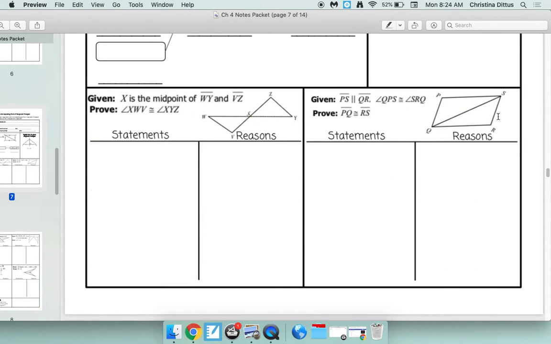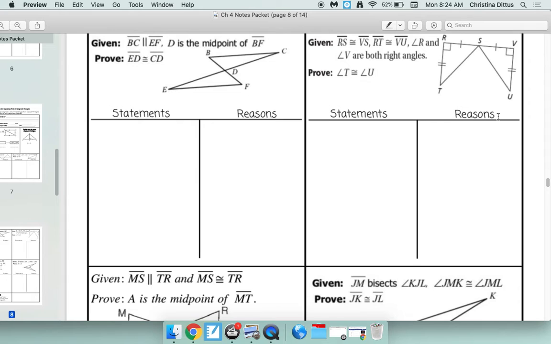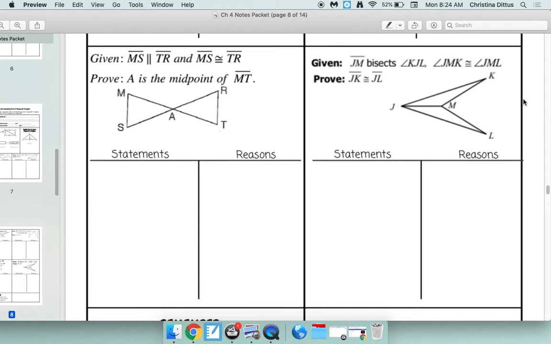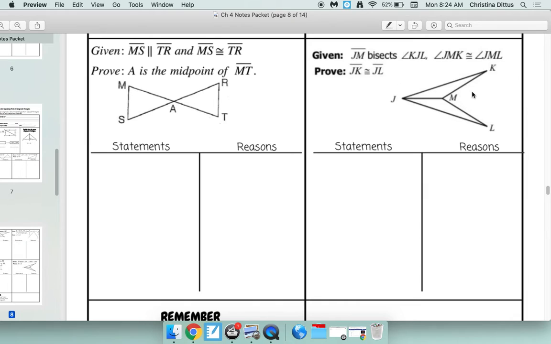All right, pick one on the back side. The last one? This one with the bisects? Okay. First thing I'm going to write down is my given: JM bisects angle KJL. That is given.